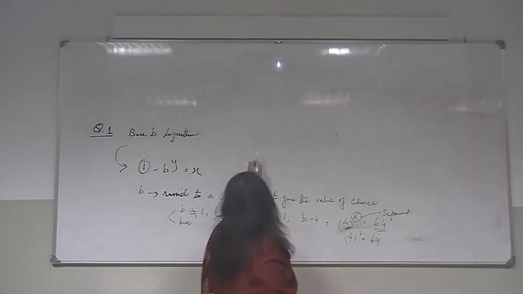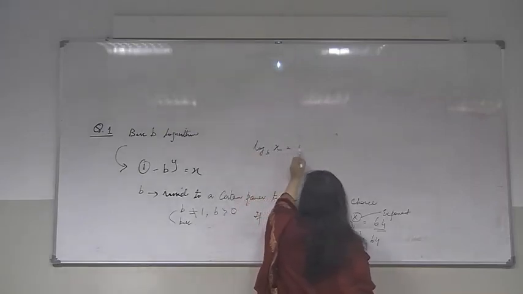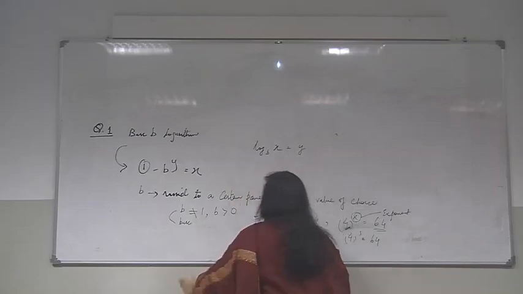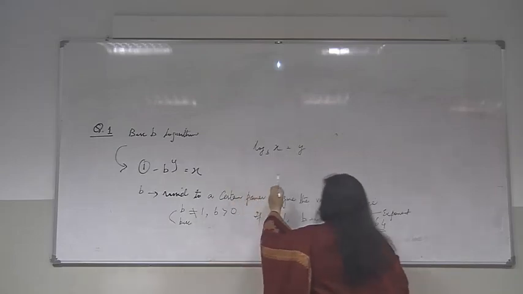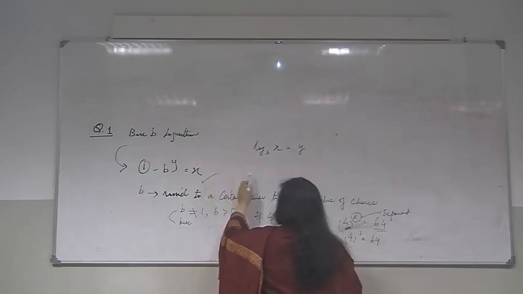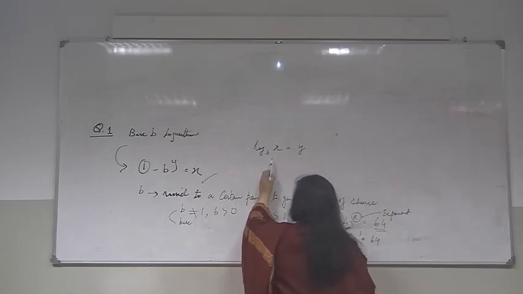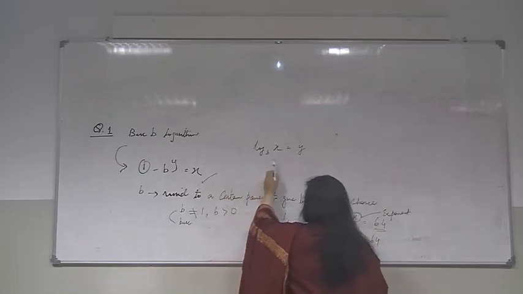Log base b of x is equal to y. Now again, this is the form in which we want to find out the value of x, basically. So this is the exponential form and that is the log form.